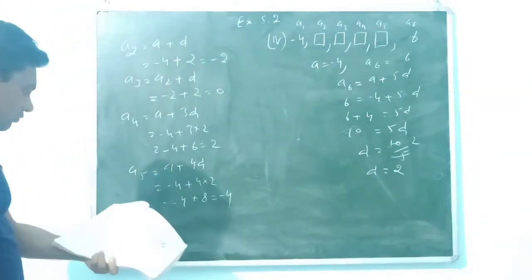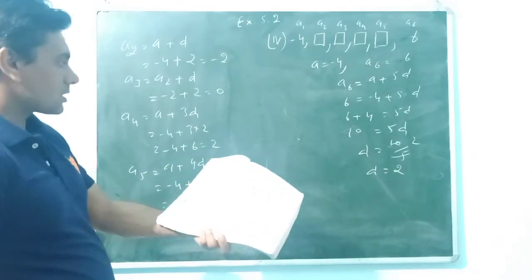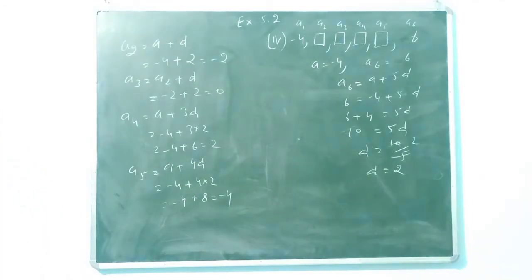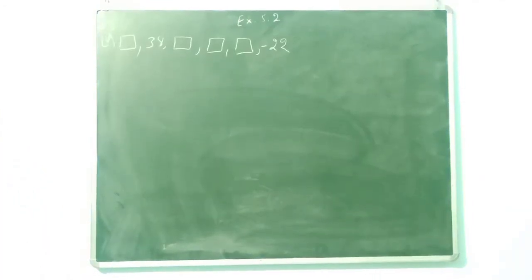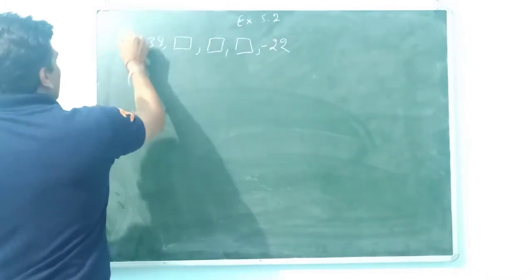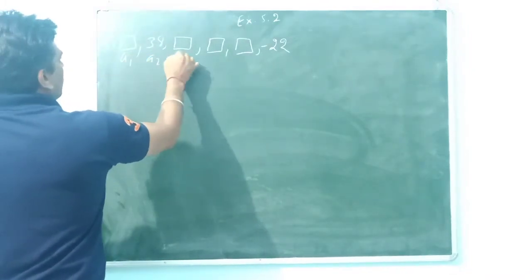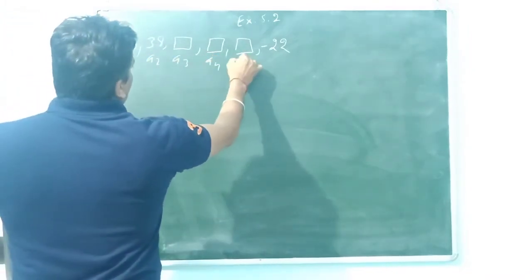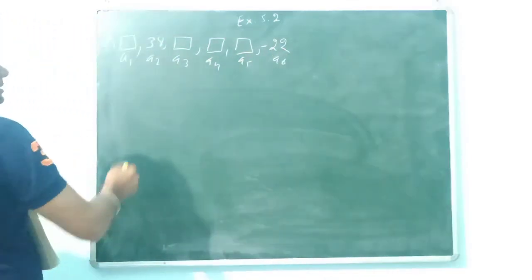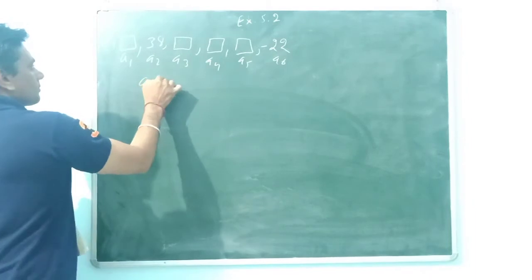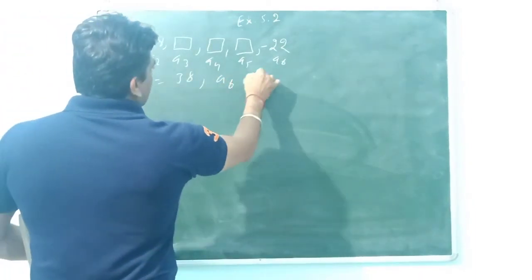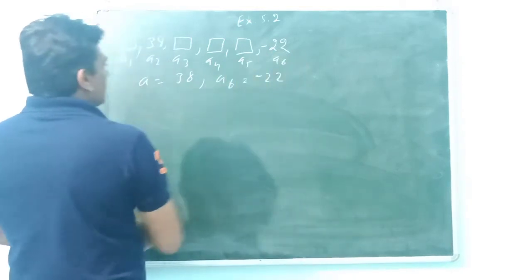The last part of this is the fifth part. Question number 3. This is A1, A2, A3, A4, A5 and A6. 6 terms are given, so A2 is 38 and A6 is minus 22.